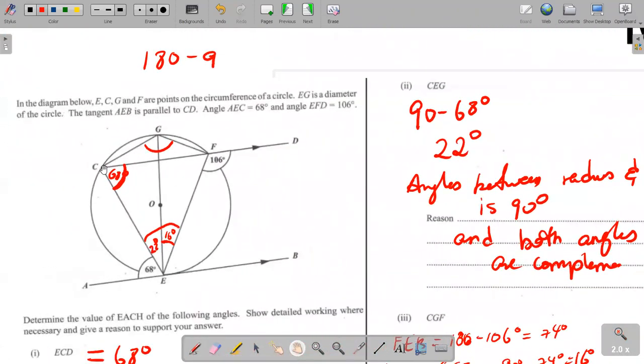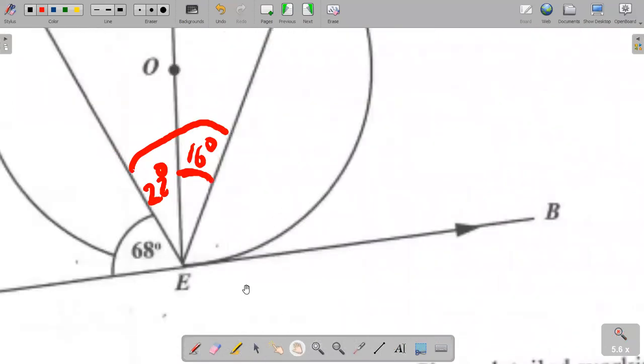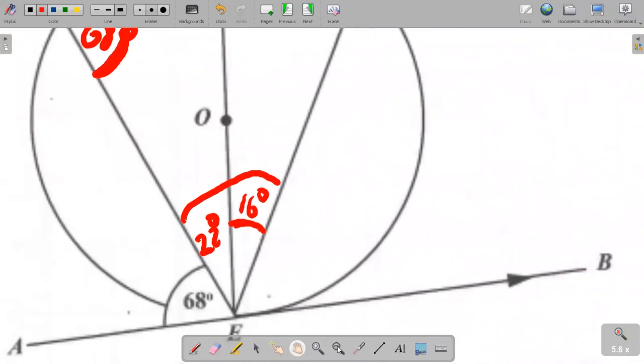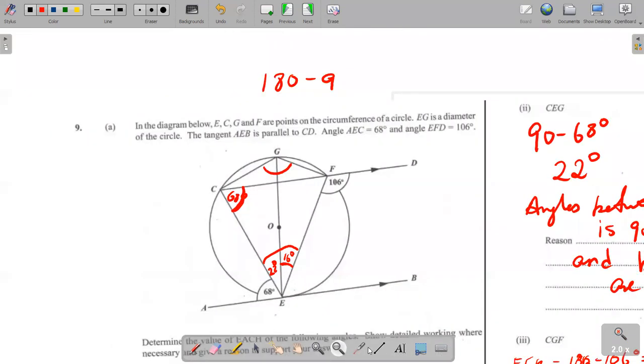CEG. How did they find CEG? Anybody know how to find CEG? This is CEG in here. How did they find that? Why is it 90 minus 68?